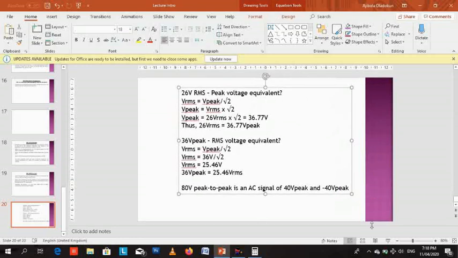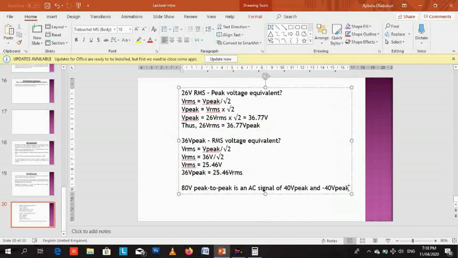So if you have a peak to peak voltage, just divide it by 2. Half of it will be the positive V peak and the other half will be the negative V peak. When you measure from the positive peak to the negative peak, whatever value you get is your V peak to peak.